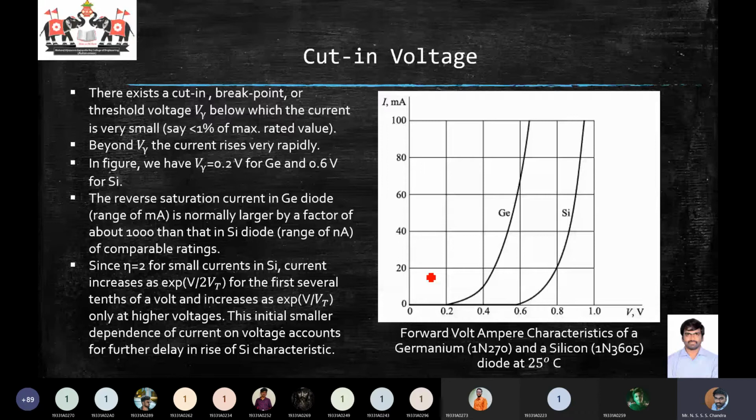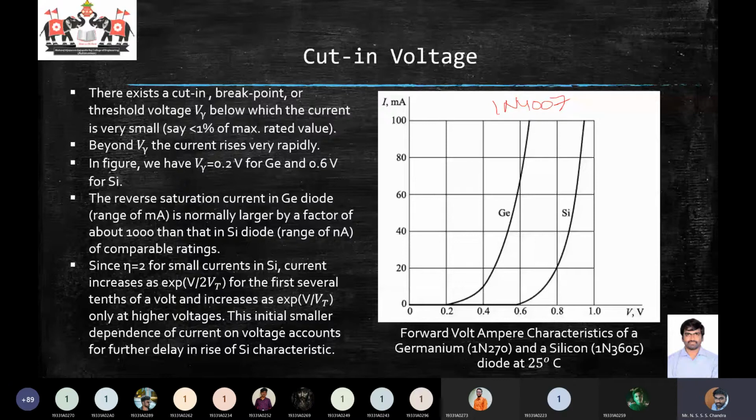Usually in our lab we use a diode called 1N4007. Here, these graphs represent the 1N270 germanium diode and the 1N3605 silicon diode. If we zoom in on the initial region, in the previous slide I showed that the current is very small until we reach the cut-in voltage.